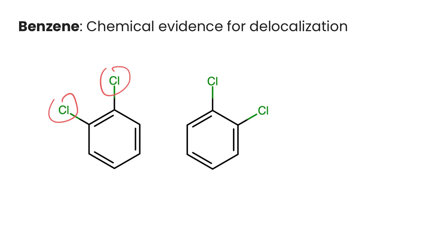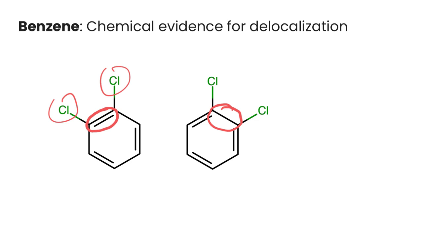Again, it doesn't matter about the details of this particular reaction, but we could have an isomer where the chlorines are adding across a double bond, and the other one could be a possibility where we have the chlorines added along a single bond. This is what we would predict if there was no delocalization.